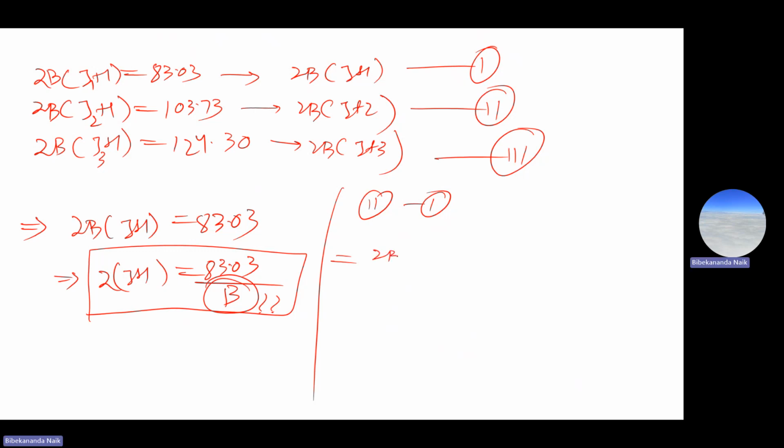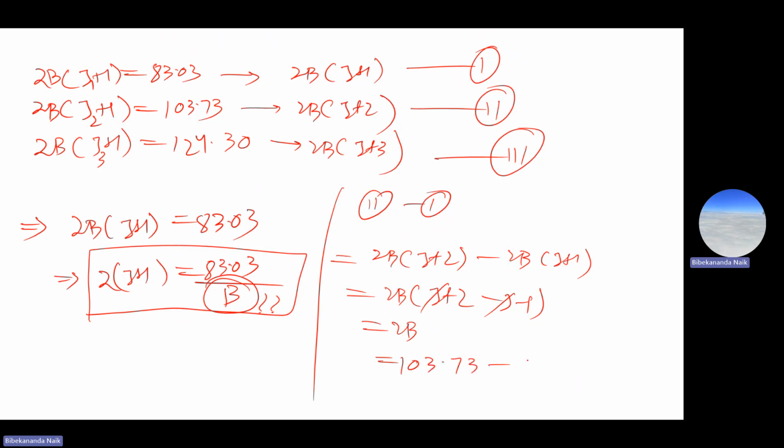it gives us 2B into J plus 2 minus 2B into J plus 1, which is 2B into (J plus 2 minus J minus 1). It will be 2B, which equals 103.73 minus 83.03.